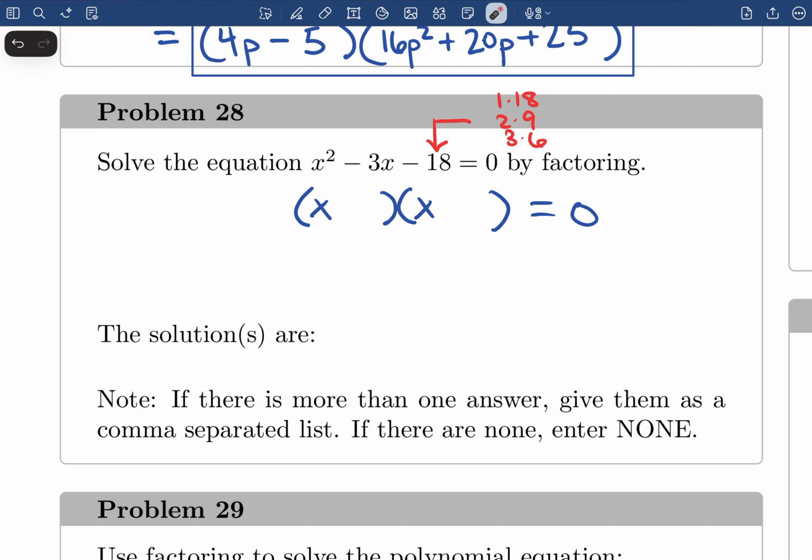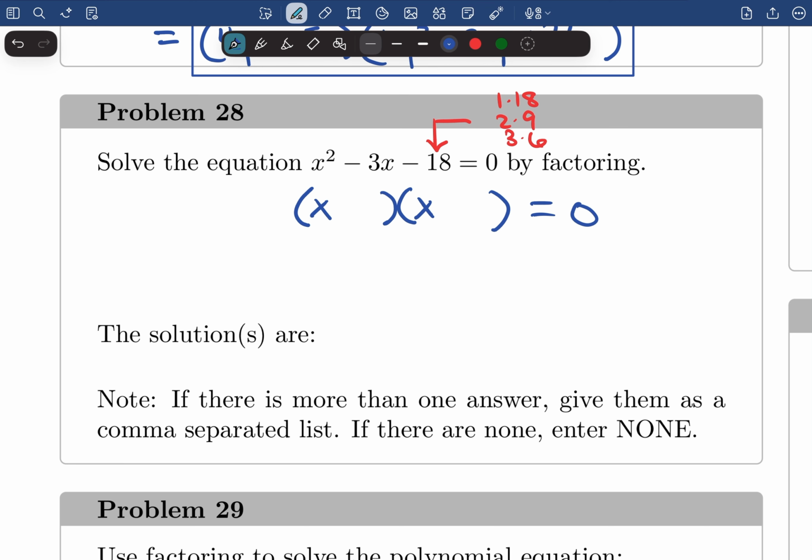And in fact, it's going to be the bigger factor because of this minus sign. Okay, so let's go ahead and see which set of factors can make negative 3. I scan 1 and 18, they can never sum to make negative 3. You can't play with signs and make negative 3 with them. 2 and 9, nope, can't do it either. 3 and 6, yes. If I make the 6 negative and the 3 positive.